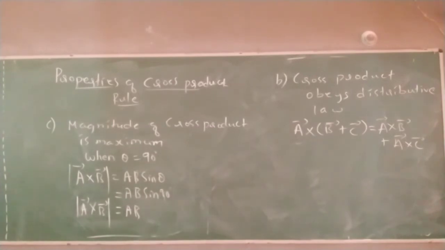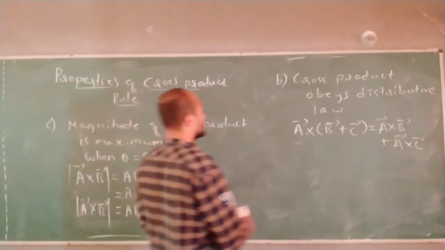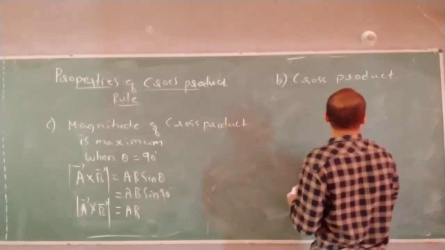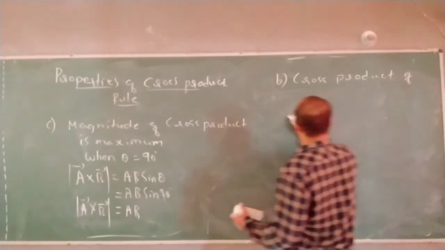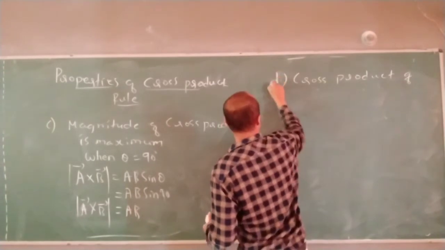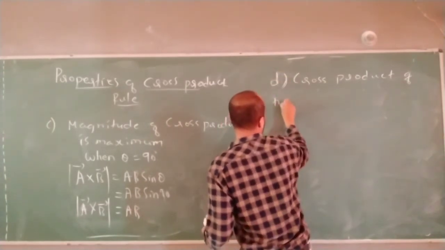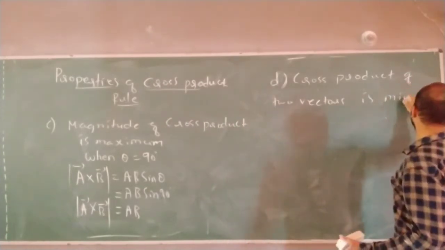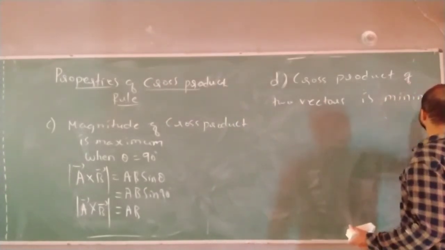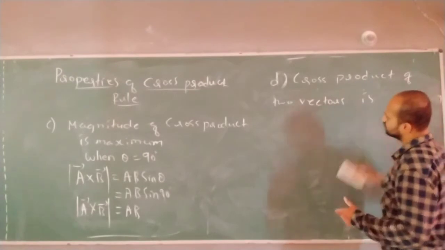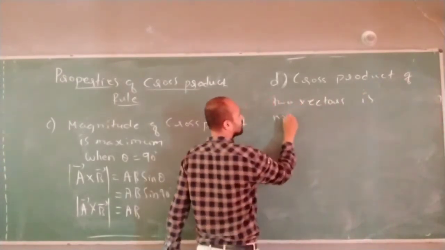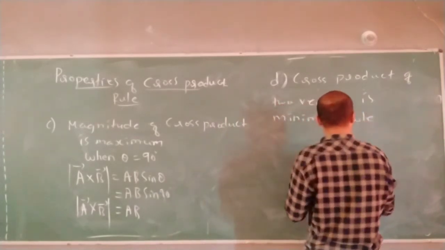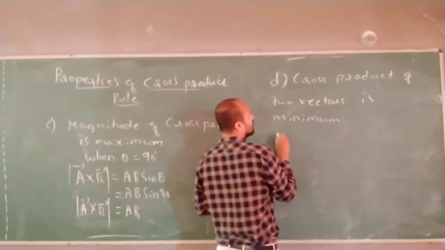The cross product of two vectors is minimum when theta is minimum.